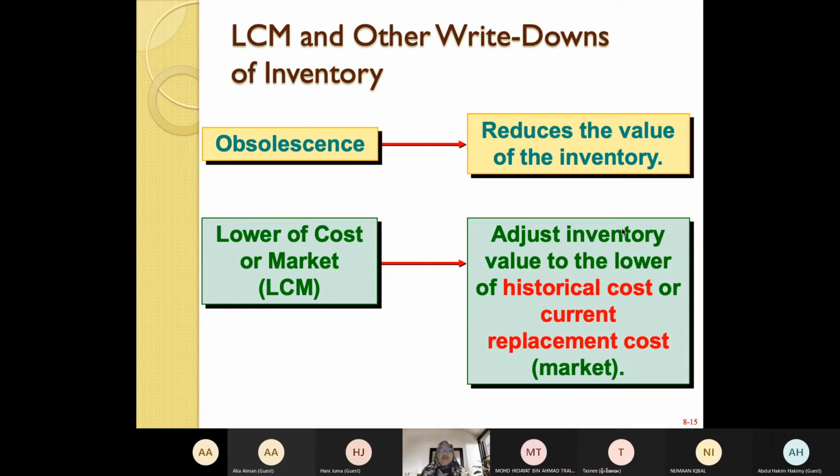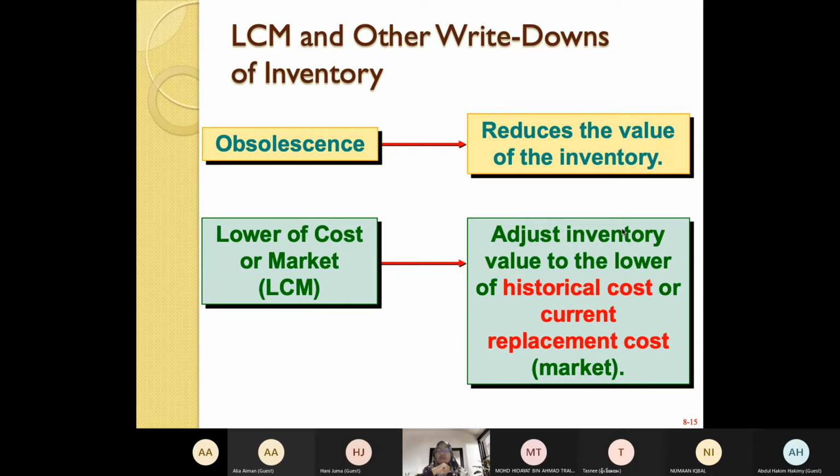However, another issue is that we have the lower of cost or the market value, right? Remember that whatever you have recorded, all of this is at cost. What is the cost when you purchase the inventory? But at the same time, the inventory may also have a market value, or what we call a replacement cost value, right? A market value. So you have to compare the cost and the market value.